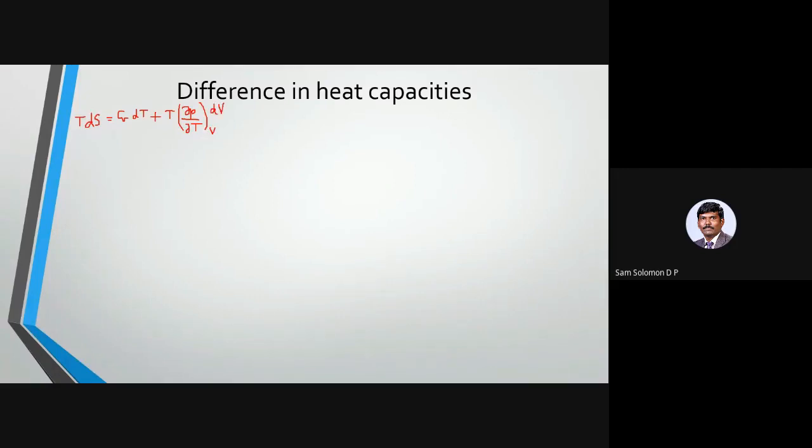Here also Cv is capital. So this is number one. And number two, TdS equal to Cp times dT, this is also capital Cp, minus T times partial V partial T at constant P into dP.